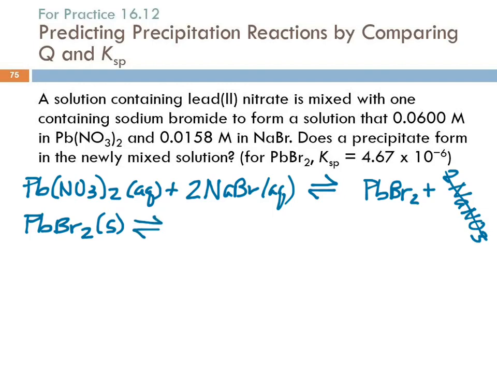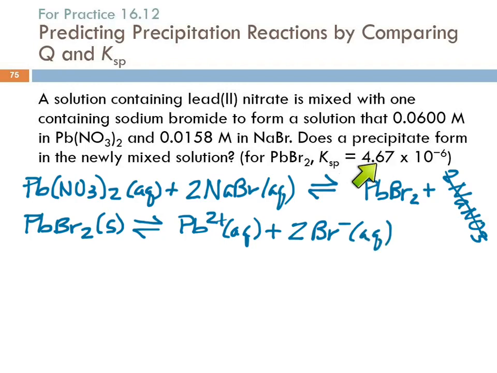When that dissolves, we get Pb2+ aqueous plus 2Br- aqueous. And the Ksp for that reaction is given up here. So Q then equals the lead-2 ion concentration times the bromide ion concentration squared.